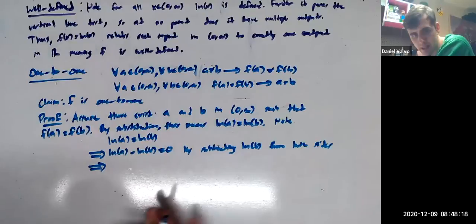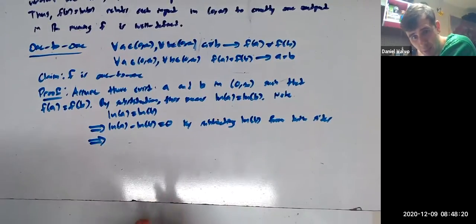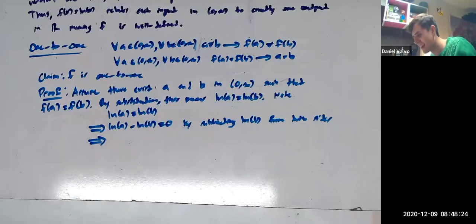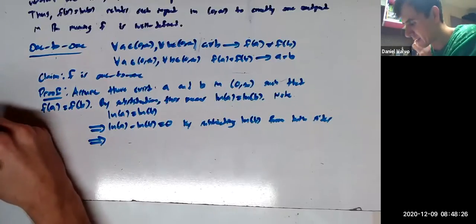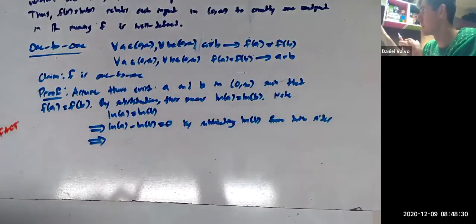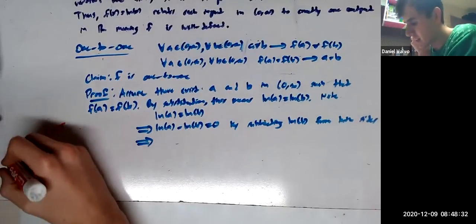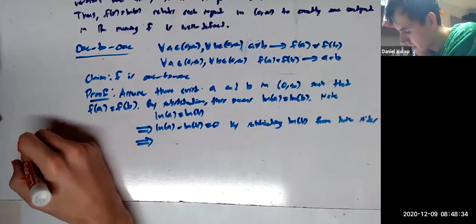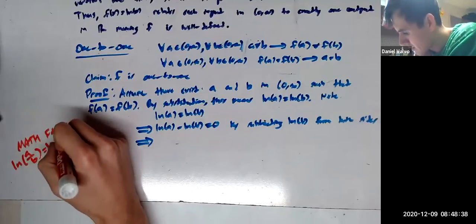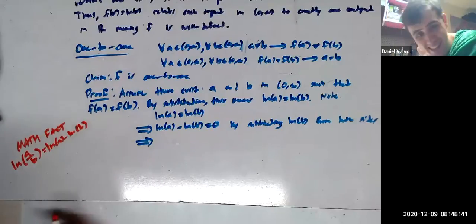Well, this implies, here's the key part, here's the interesting part. Recall a nice little math fact that says that the ln of A divided by B equals the ln of A minus the ln of B.